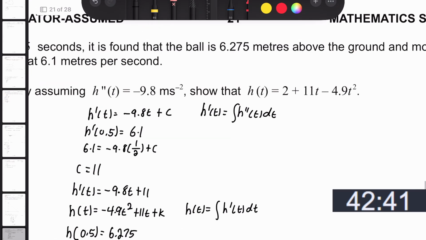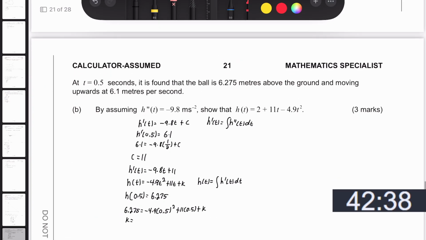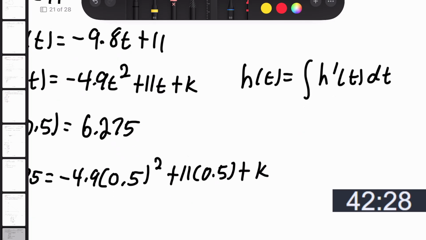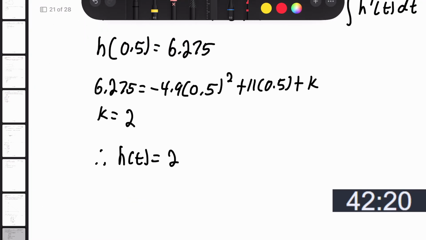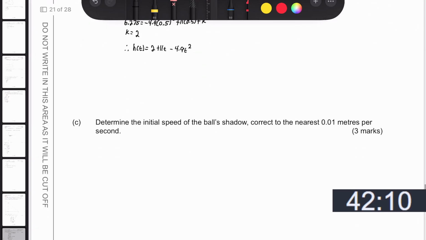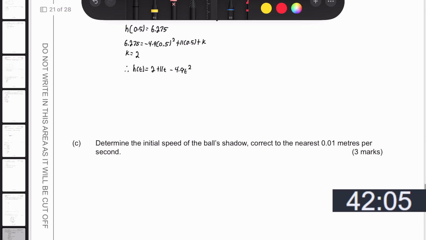Now k must be 2, but we'll just double check. 6.275 equals negative 4.9 times 0.5 squared plus 11 times 0.5 plus k, and k is 2. Therefore h of t is equal to 2 plus 11t minus 4.9t squared. Okay. Determine the initial speed of the ball's shadow correct to the nearest 0.01 meters per second.